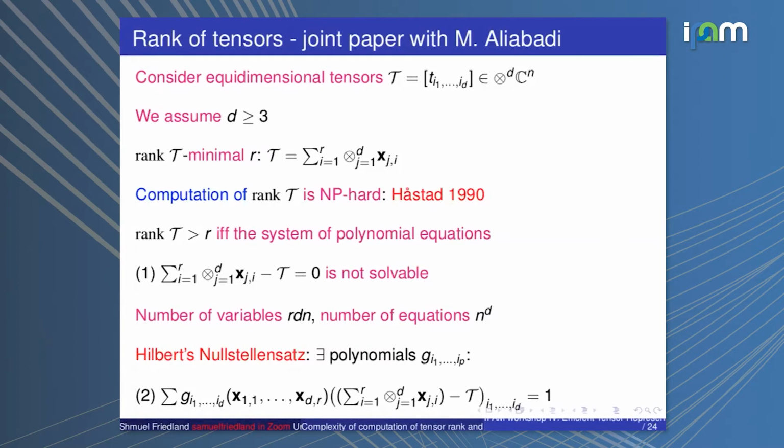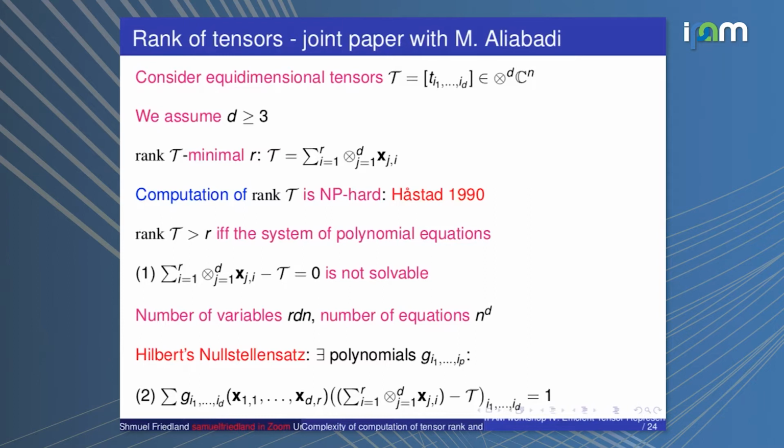But okay, NP-hard, but suppose I want to find the rank. What is the complexity of the computation? What can we do? Okay, it's hard, but hey, maybe we want to do it. There is a very simple way that we found, and this is what I'm explaining now, a joint work with my former student, Mohsen Aliabadi.